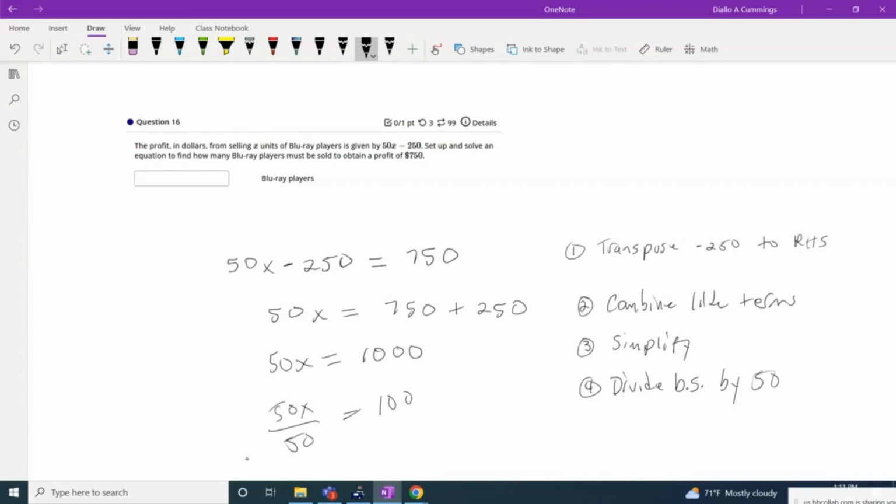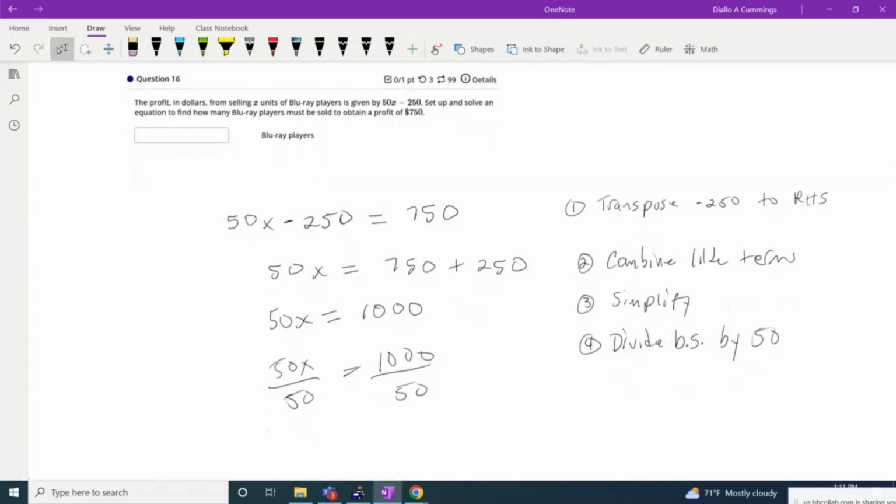Right? Because whatever you do to one side, you must do the same thing to the other side. So on the left-hand side, my 50s are going to cancel. I'm left with x. And if you divide 1,000 by 50, we can cancel out those last zeros, and 100 divided by 5 should be 20.